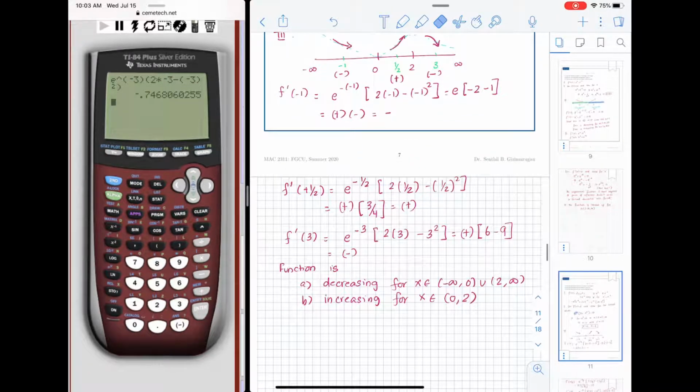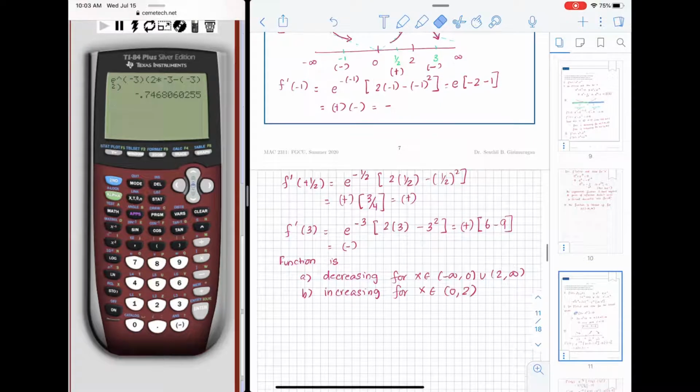So now let's move on to the second derivative, because our graph doesn't agree with our conclusion.